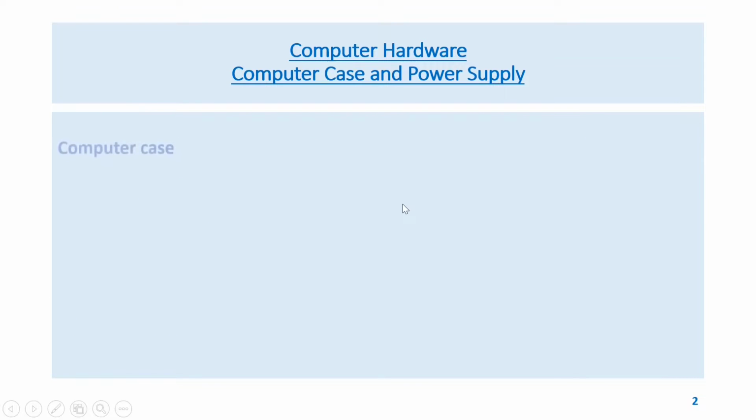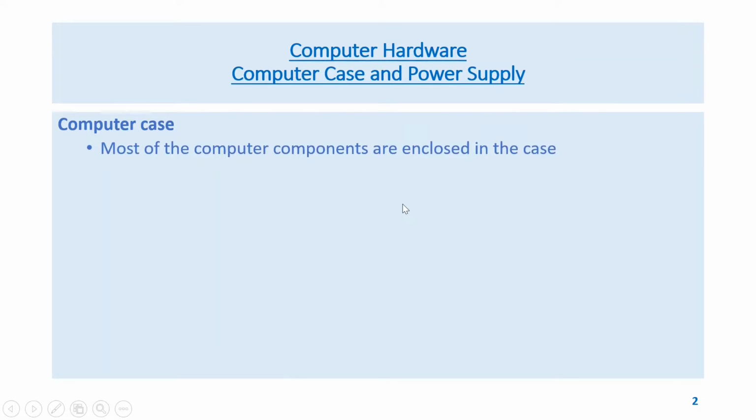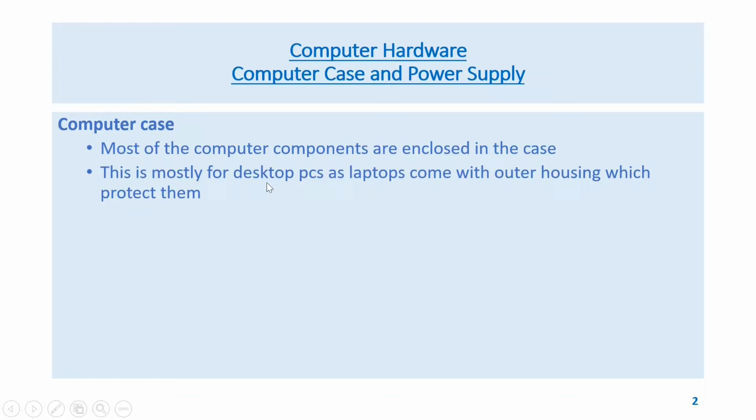Computer case and power supply. Computer case. Most of the computer components are enclosed in the case. This is mostly for desktop PCs as laptops come with outer housing which protects them. The computer case provides support for the components.